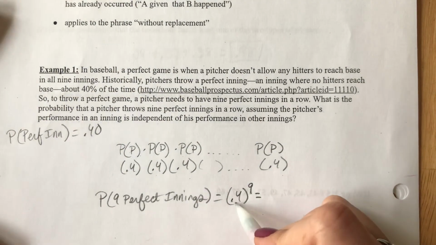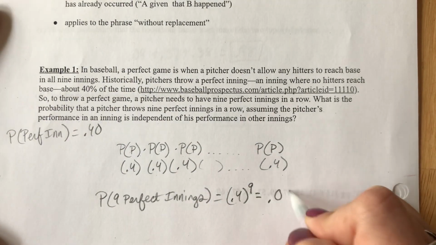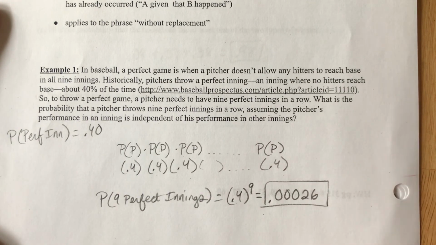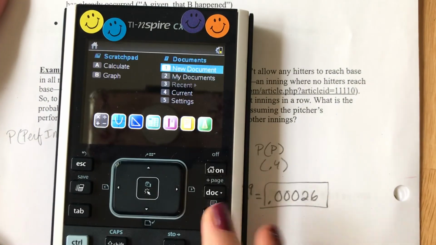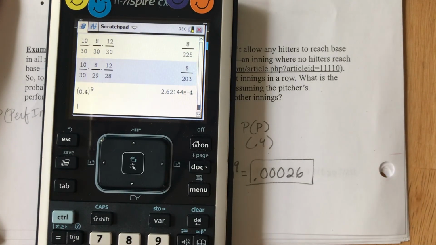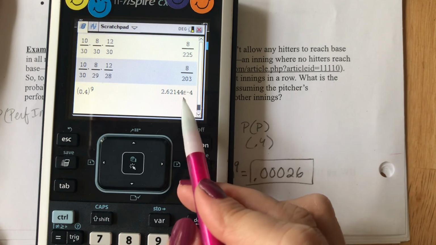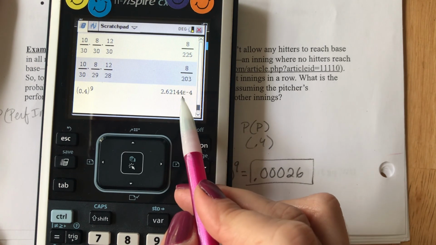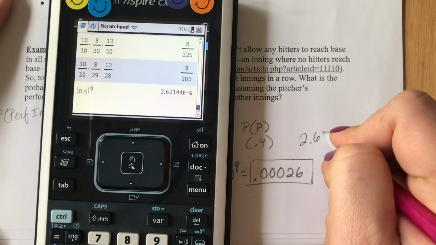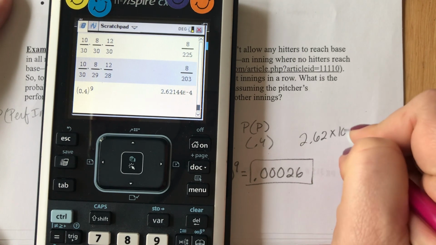When you multiply this 0.4 to the 9th power, you're going to get 0.00026, and that's your answer. If you're not careful, I wonder if my calculator would do it or if I have my settings. 0.4 to the 9. Yeah, okay, cool, it did it. This E here means scientific notation. So this is the same as saying 2.62 times 10 to the negative 4.